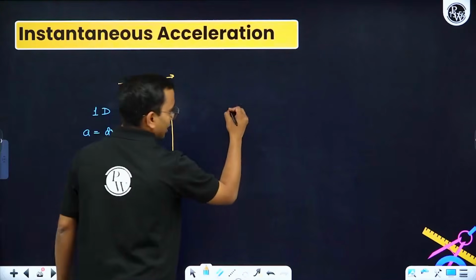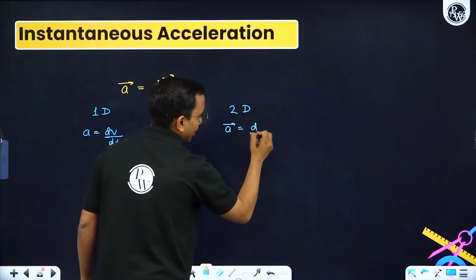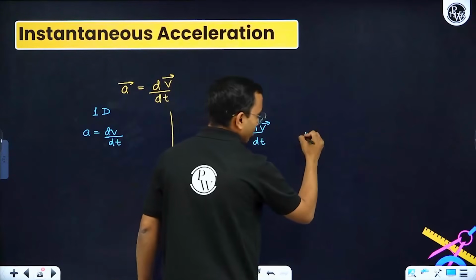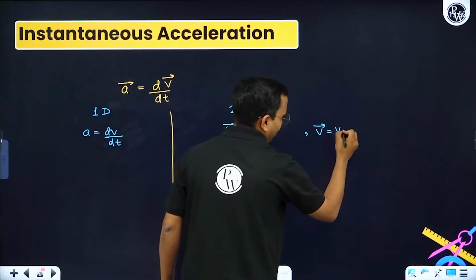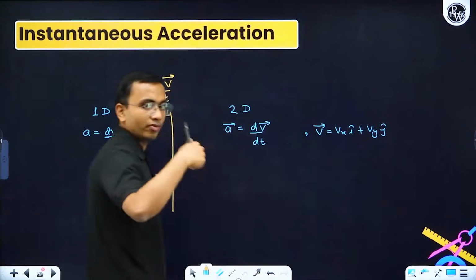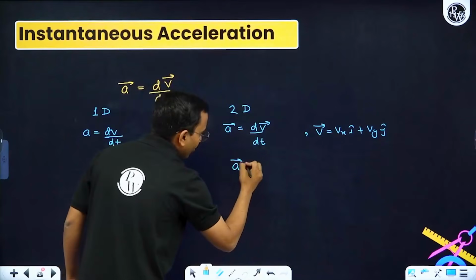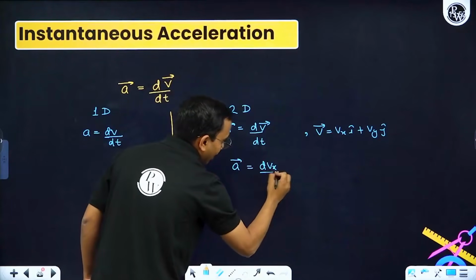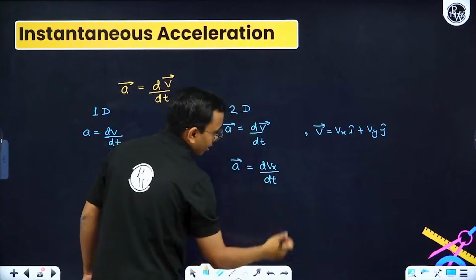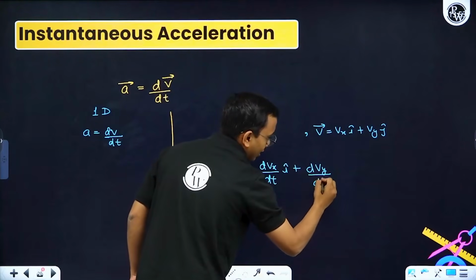And if I talk about 2D, I'll say my acceleration is dv by dt. Now velocity may be vx i cap plus vy j cap, and if it is 3D, it will have vz k cap also. So you can differentiate that separately. So acceleration will become dvx by dt i cap plus dvy by dt j cap.